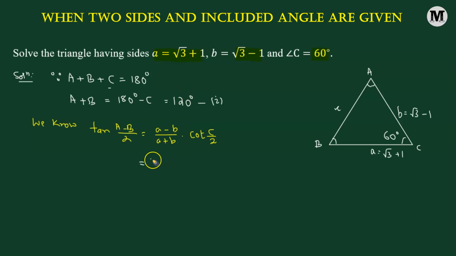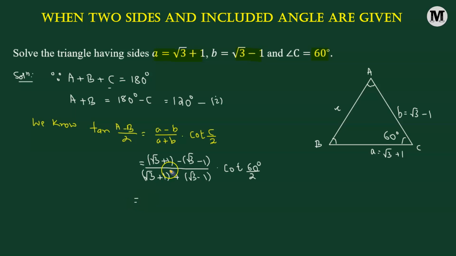So a minus b means we have square root of 3 plus 1 minus b, where b here is square root of 3 minus 1, whole divided by square root of 3 plus 1 added to square root of 3 minus 1. This is going to get multiplied by cotangent of C over 2. So C here is 60 degrees, so 60 degrees over 2.